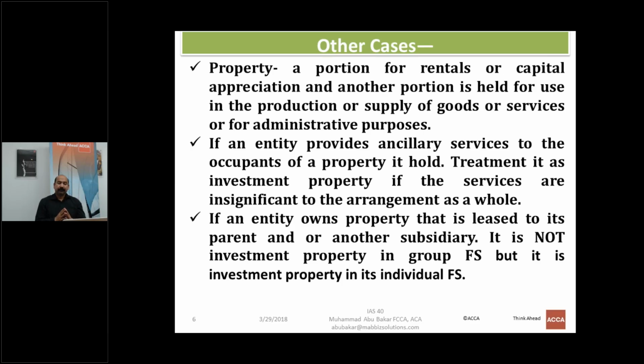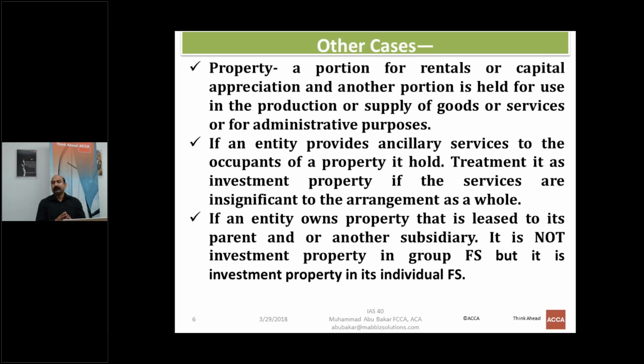If these portions can be sold separately or leased out separately under a finance lease, an entity accounts for the portions separately. If the portions could not be sold separately, the property is investment property only if an insignificant portion is held for use in the production or supply of goods or services or for administrative purposes.